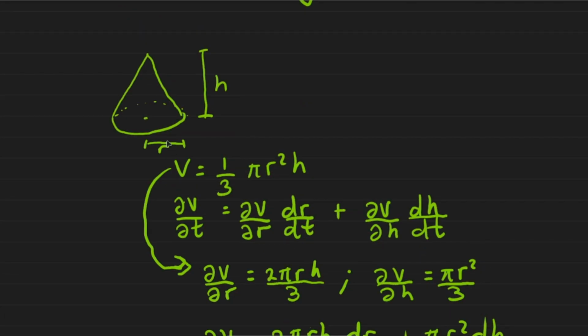Let's assume that the radius is changing at a rate of something like 1.5 millimeters per second, so dr/dt is 1.5 millimeters per second, and the height is changing at a rate of perhaps -6 millimeters per second.